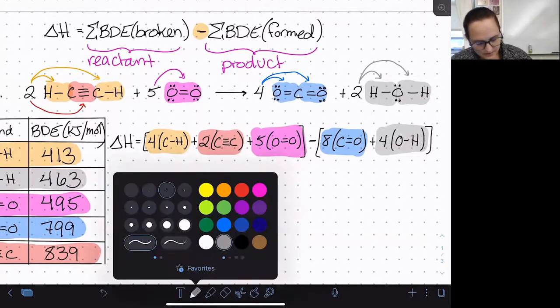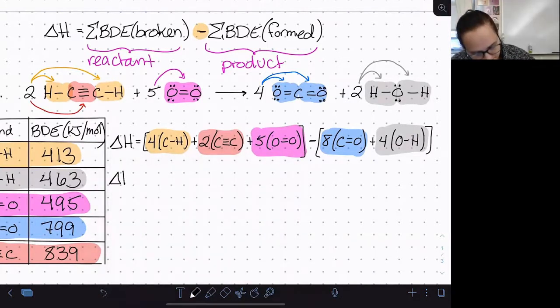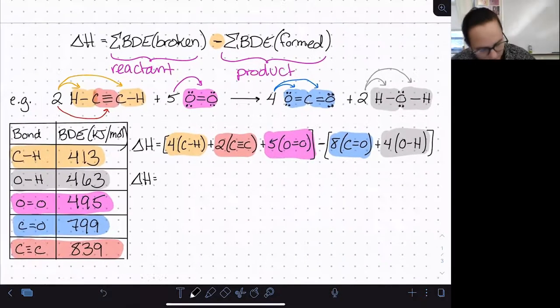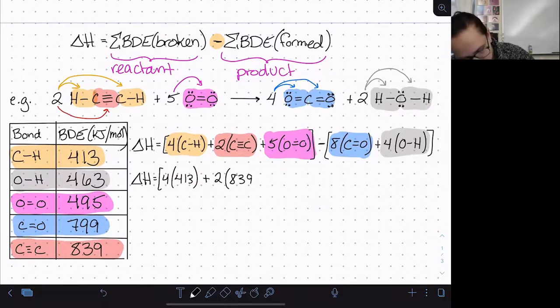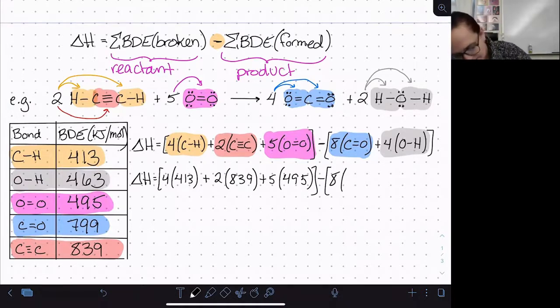So at this point, we can just plug in numbers from our table. So we'll have 4 times the CH value, which is 413, plus 2 times the carbon triple bond, which is 839, plus 5 times the oxygen double bond, which is 495. From that, we will subtract 8 times 799 plus 4 times 463.